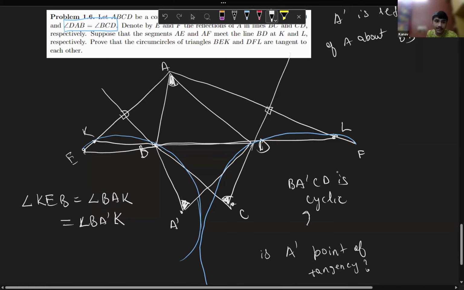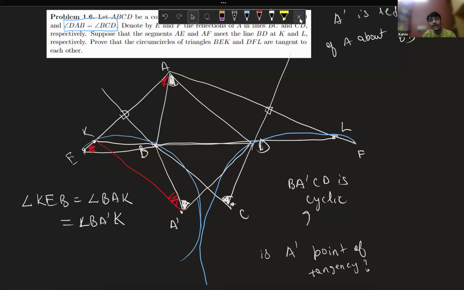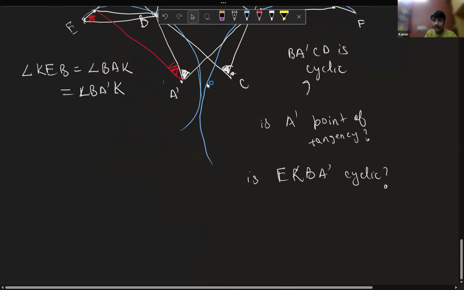It's just reflections. We have this angle equal to this angle because E was the reflection of A about BC. And now we reflect A about BD, and K lies on BD. So indeed, the diagram is pretty bad, but this is true.